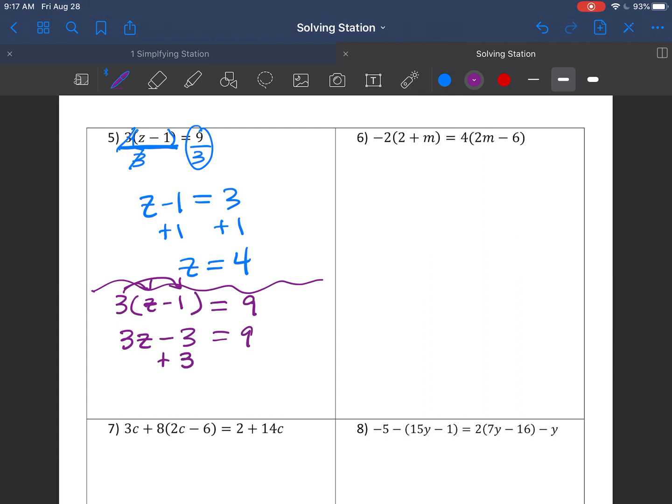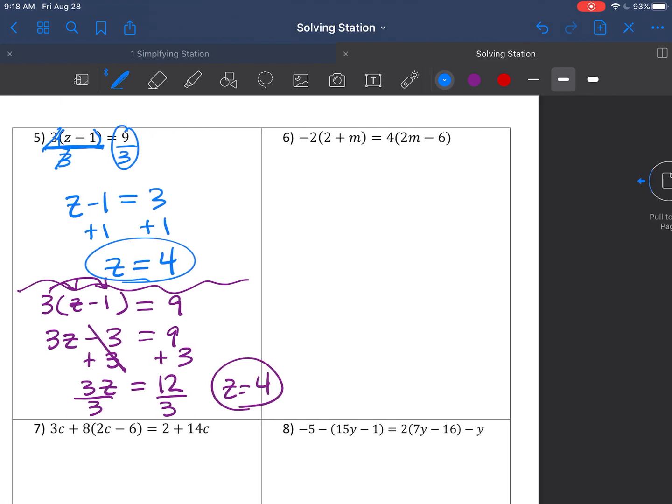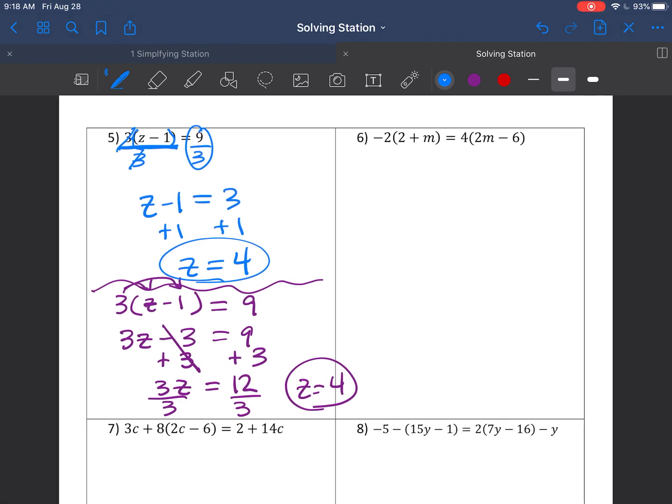Same drill, we need to isolate the z term. And then divide by that 3. And we get z equals 4 in both cases.